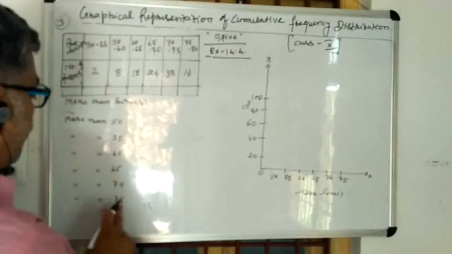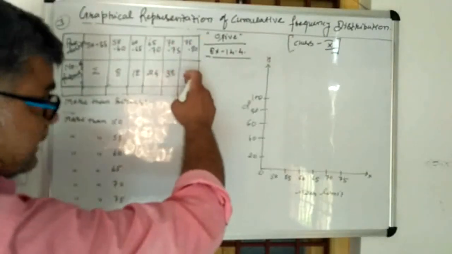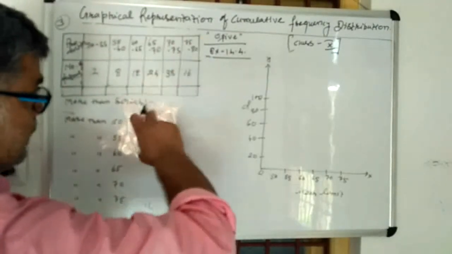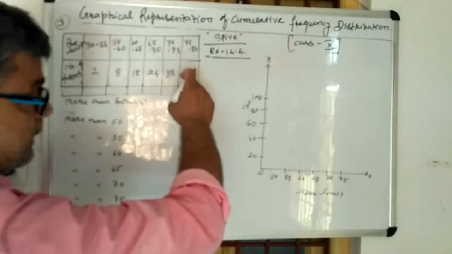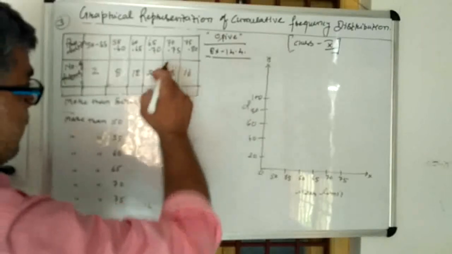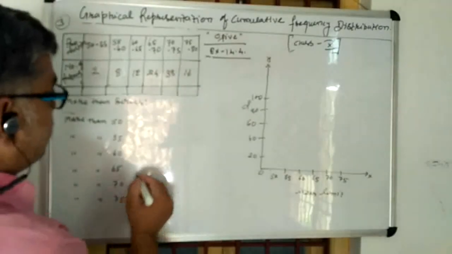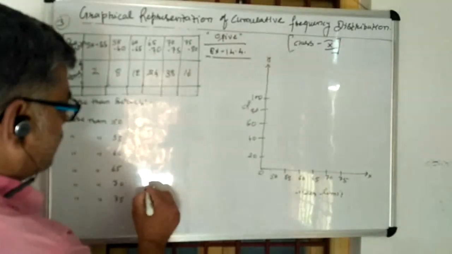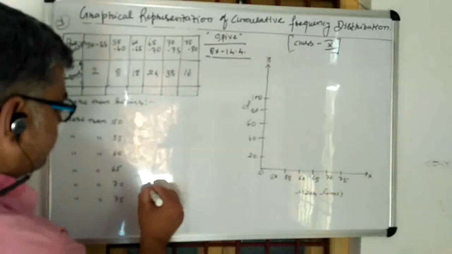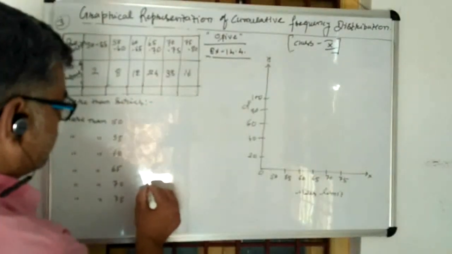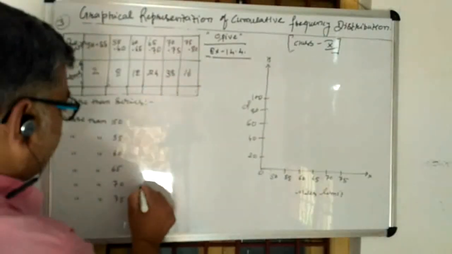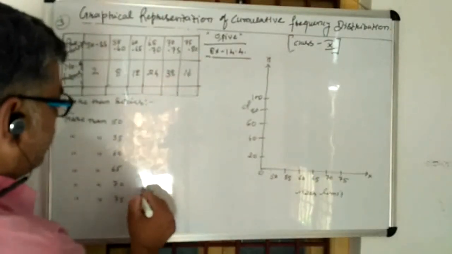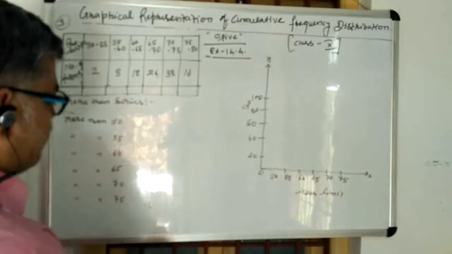First you write more than 75, which is 16, and more than 70 will include both more than 70 plus more than 75. So add 16 plus 38. So it will be 54.